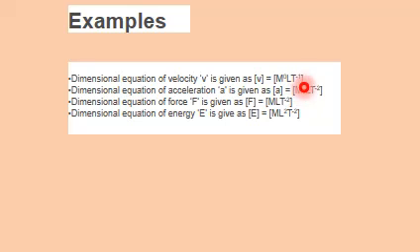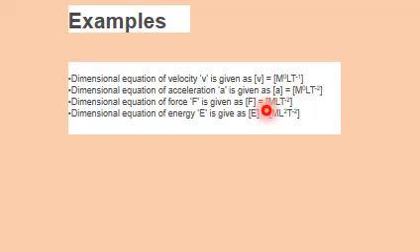Now for energy, you can calculate the formula of energy from kinetic energy. Kinetic energy has the formula of half mv square, as well as you can calculate the dimension of energy from potential energy, as potential energy has the formula of mgh. Same, you can calculate the dimensions of energy from work.